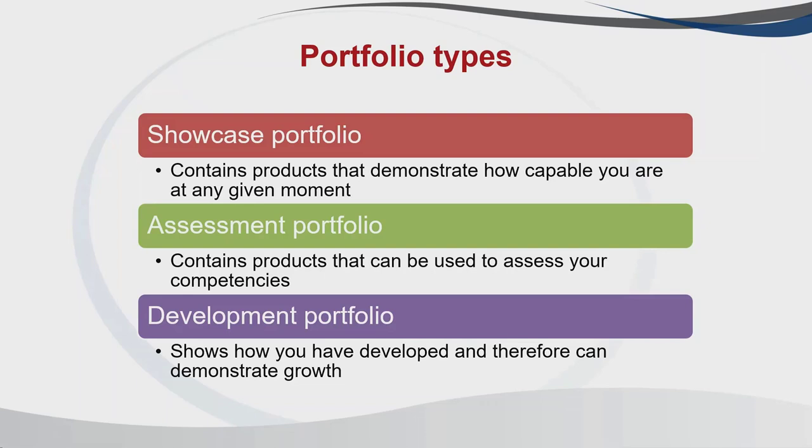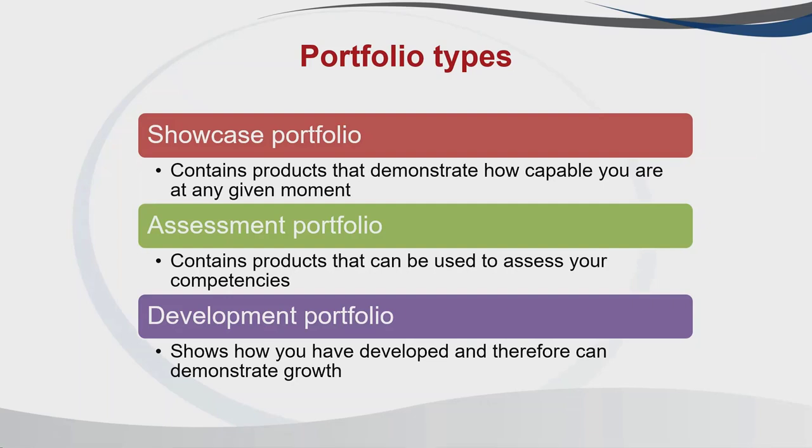The different types of portfolios will, of course, mean that different types of artifacts are selected. A showcase portfolio contains products that demonstrate how capable you are at a particular given moment. An assessment portfolio contains products that can be used to assess your competencies.